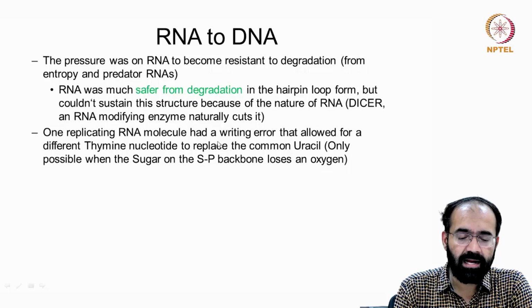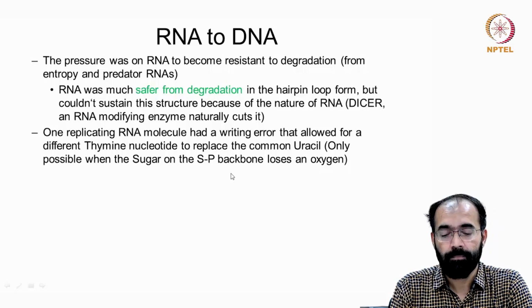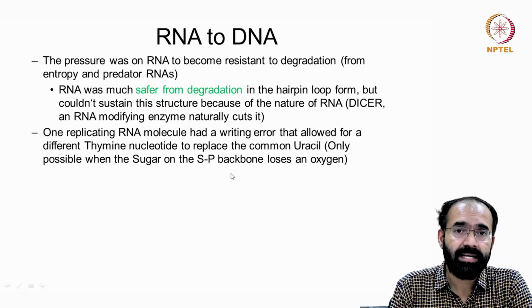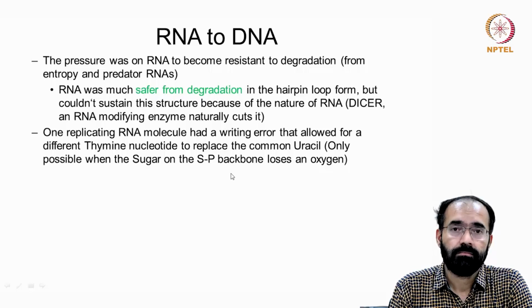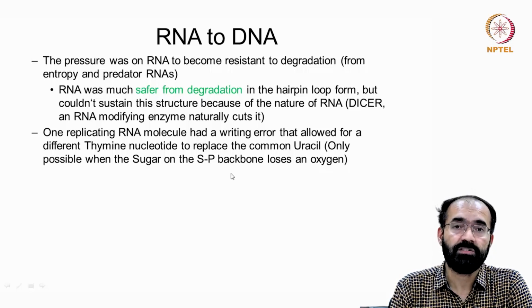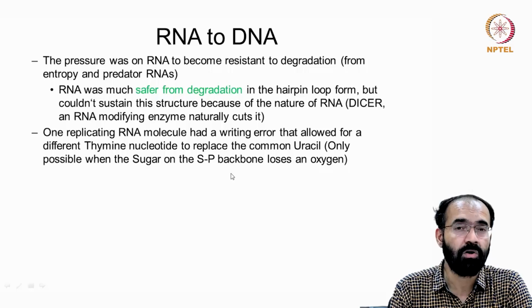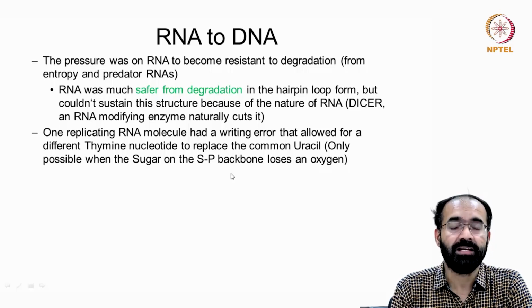The reason I mentioned dicer is that there can be another ribozyme that can detect a substrate RNA, although it is protected in its own secondary structure. Its secondary structure becomes attractive for another RNA to take it as a substrate. So that is no longer a valid option of saving itself.